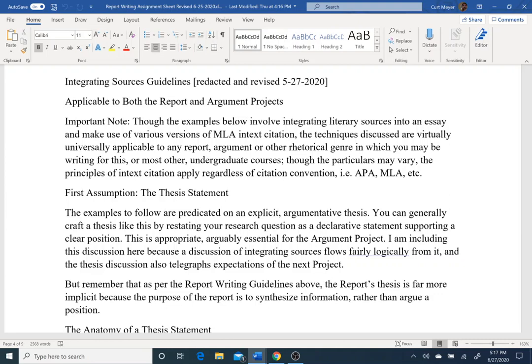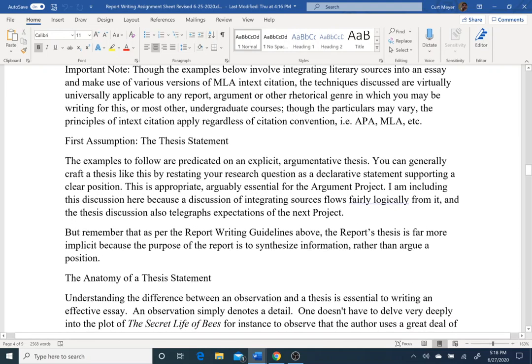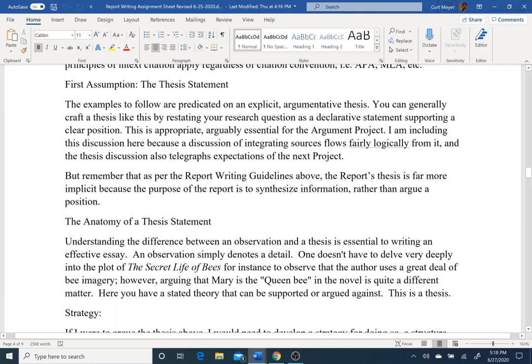Now, in terms of the genre that you're writing, the genre itself might call for different approaches, but the integration of sources, the concept, is basically the same. These examples here use primarily MLA in-text citation, but the techniques involved are pretty much universal.